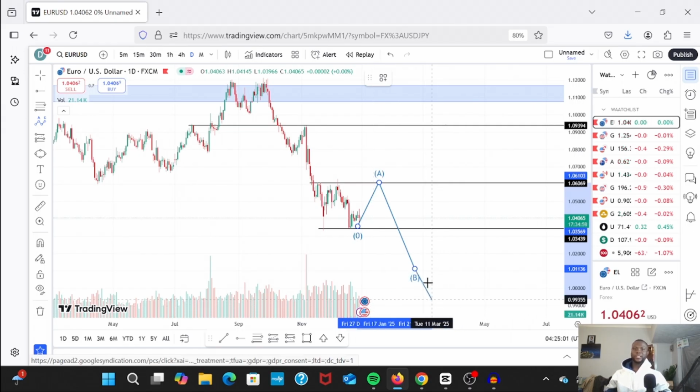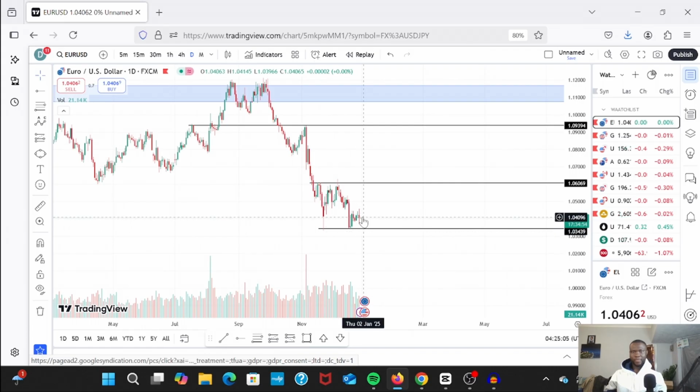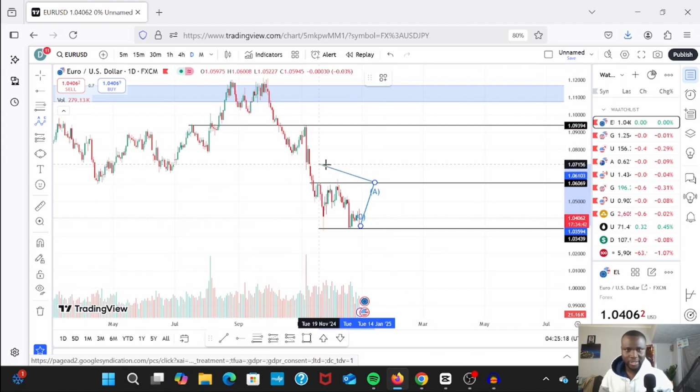So this is what I'm expecting. If this doesn't work out, then I'm still expecting the market, if it can't break out at this point, to come to my next resistance, this level.